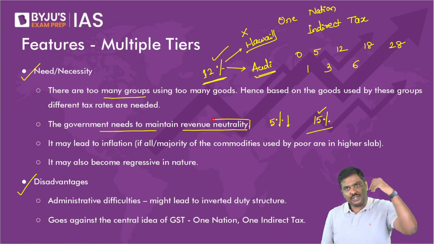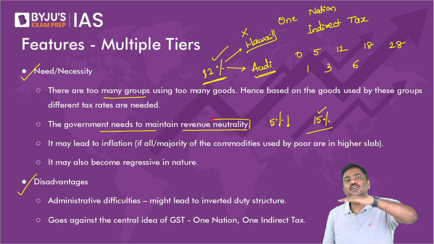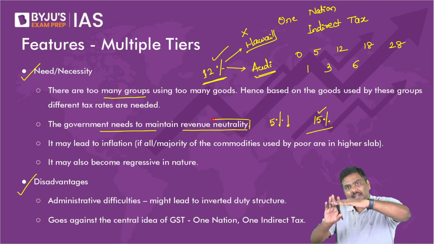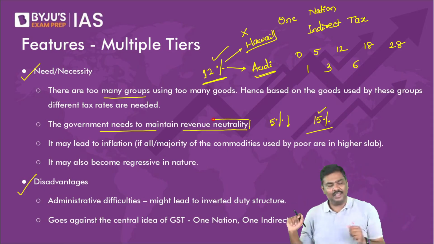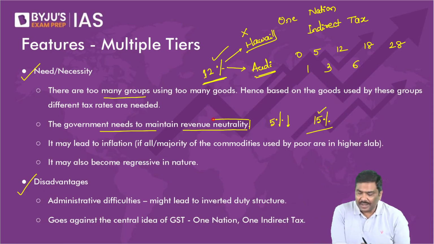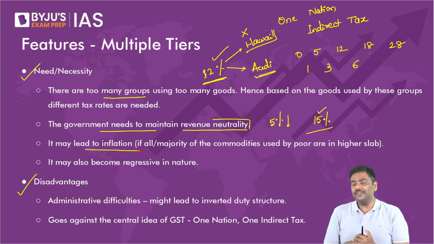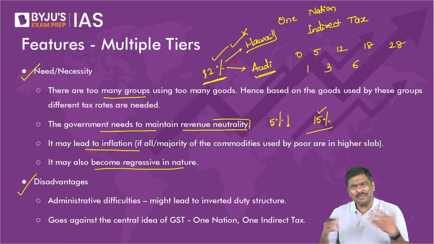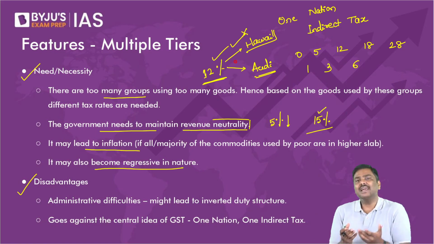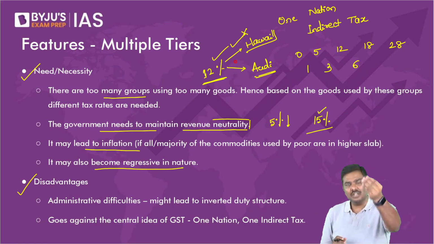Your revenues should be at least the equal amount as you collected earlier. Revenue neutrality. Third, it might lead to inflation. And the fourth one, if you have the same rate of GST applicable to poor people, to the rich people, then you are basically imposing a higher tax burden on the poor people.